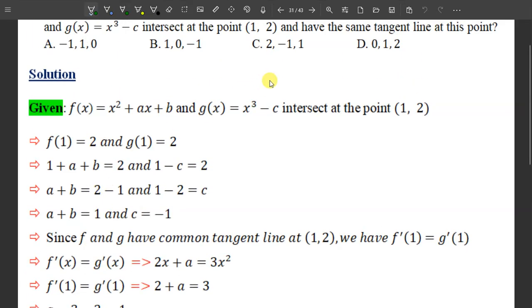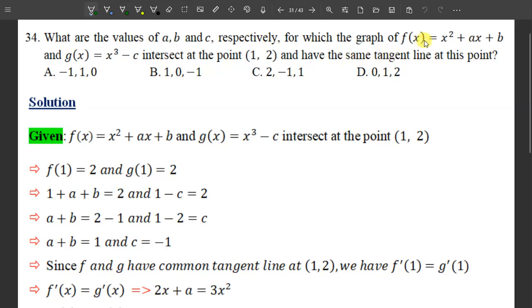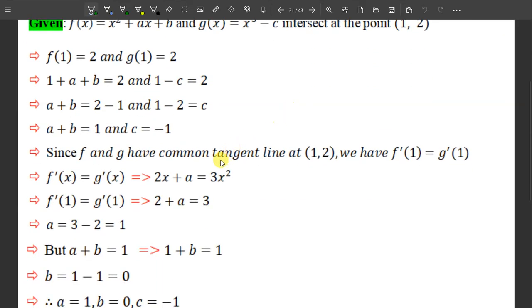Moreover, now here we have been told that both f of x and g of x do have the same tangent line at this point of tangency, and therefore the derivative of the function, or the slope of the tangent line, for both f and g are the same, and therefore here f prime of x must be equal to g prime of x.